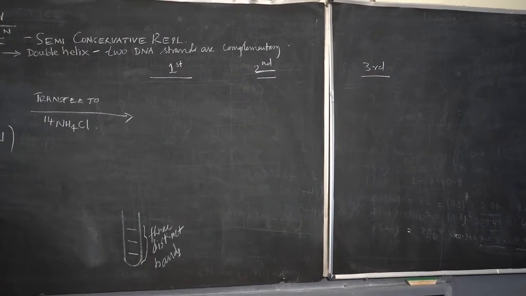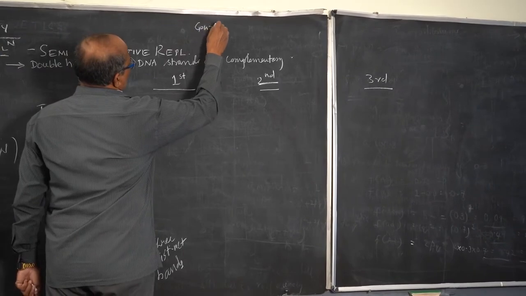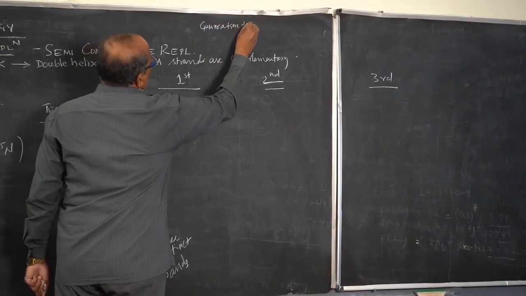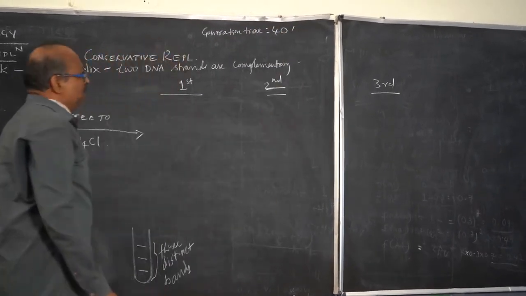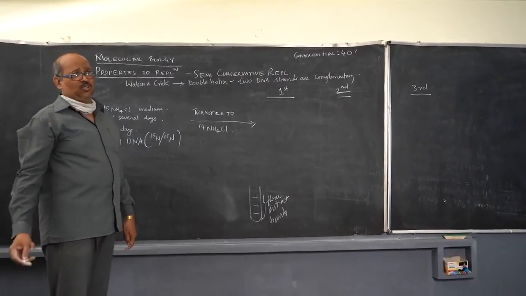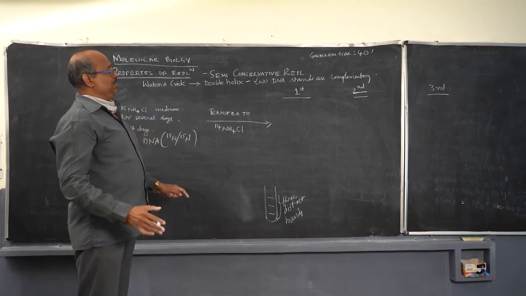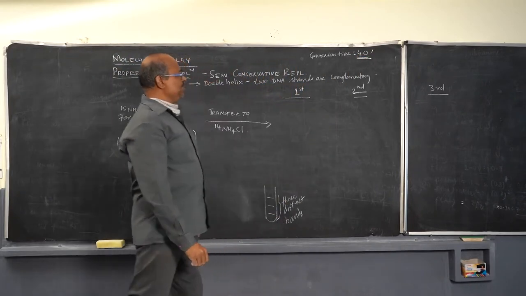Okay, so we are having roughly a 40 minute generation time. This you can change as per your requirement. Most people like to have that 40 minutes, so it's comfortable for E. coli life. 30 minutes it undergoes replication, 10 minutes it undergoes division. So the generation time is 40 minutes.